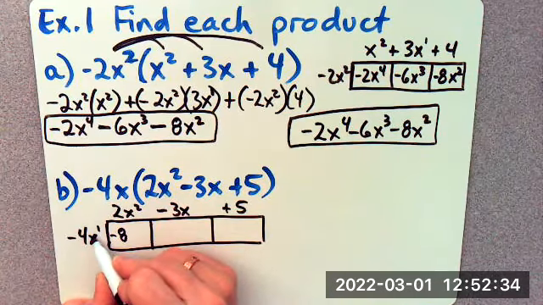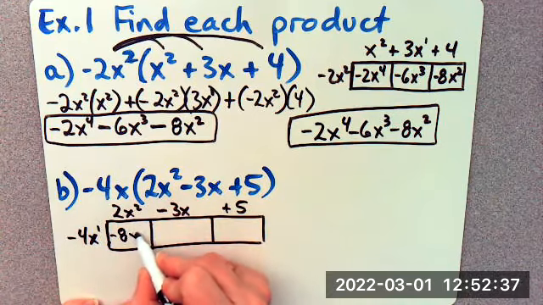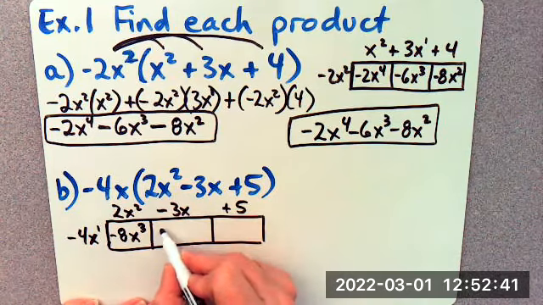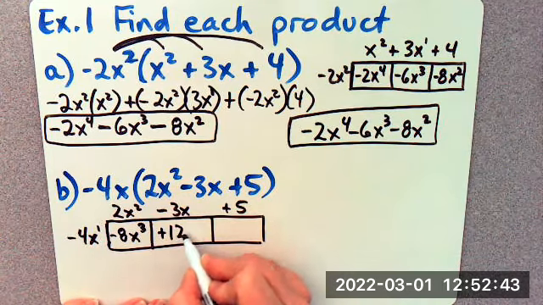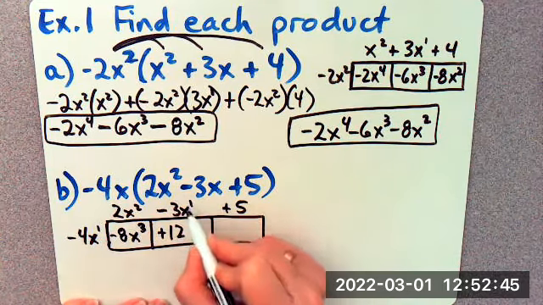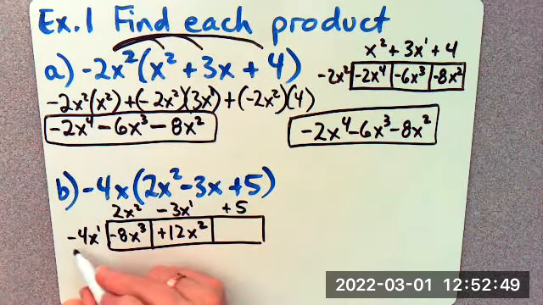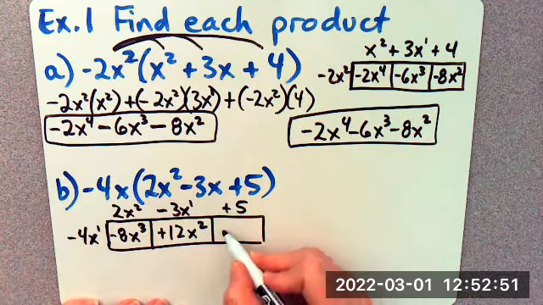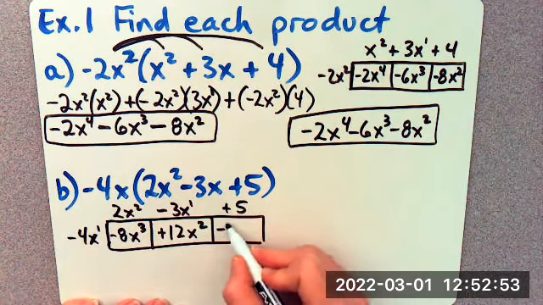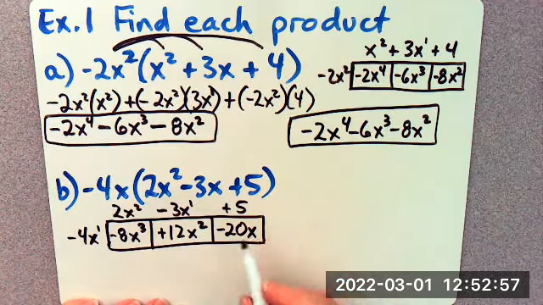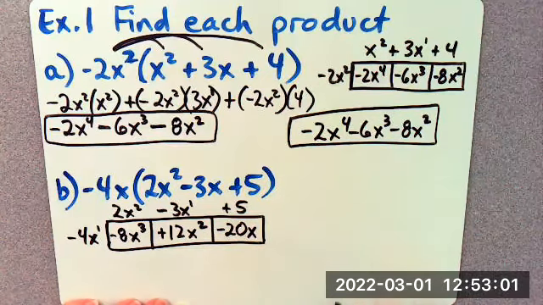So I have x to the first times x squared is x cubed. Then negative 4 times negative 3 gives me a positive 12. And I have x to the first times x to the first gives me x squared. And then negative 4 times positive 5 is negative 20, and we just have an x. And we do not need to write the 1 with the x. It's just understood that there's a 1.